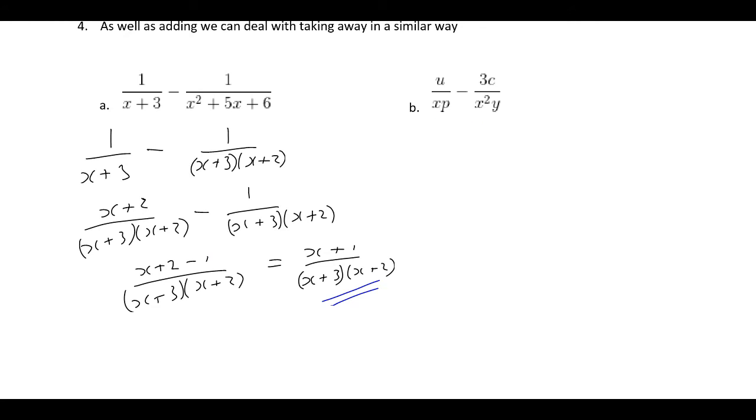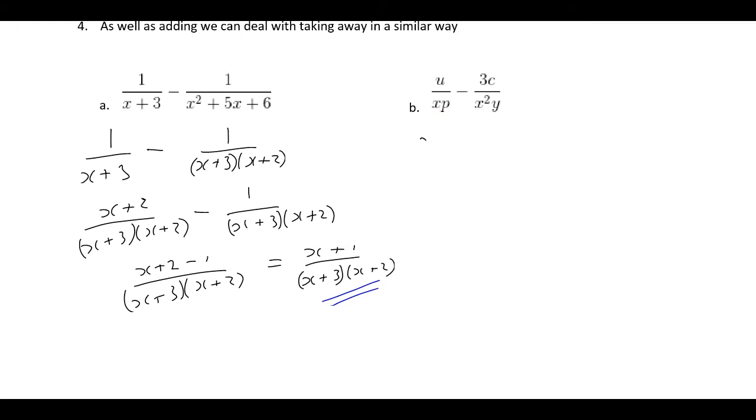Last problem. We've got an x on the left hand side and a p on the bottom, and we've got an x squared and a y. So we're going to need an extra x here to get to x squared, and we're going to need a y here, so we're going to times this lot by xy.